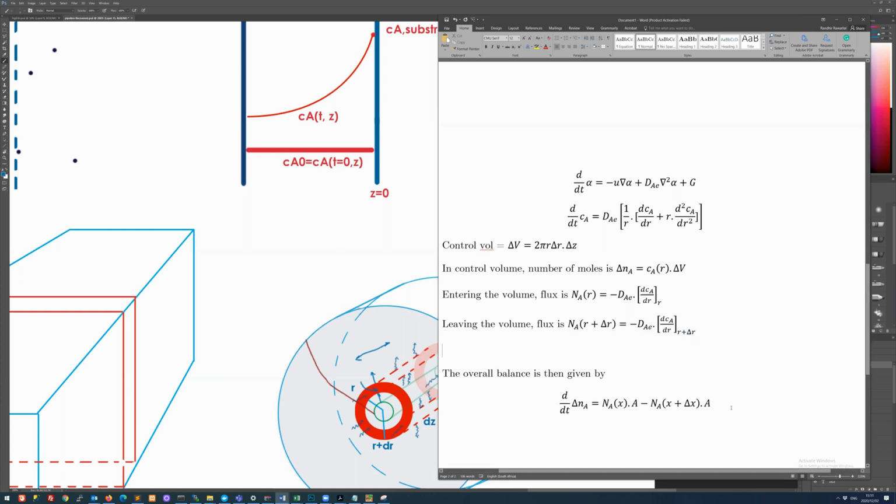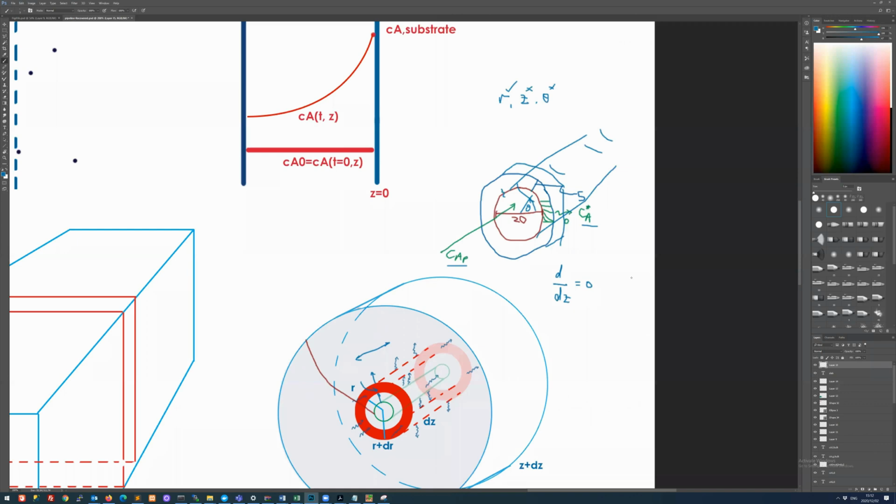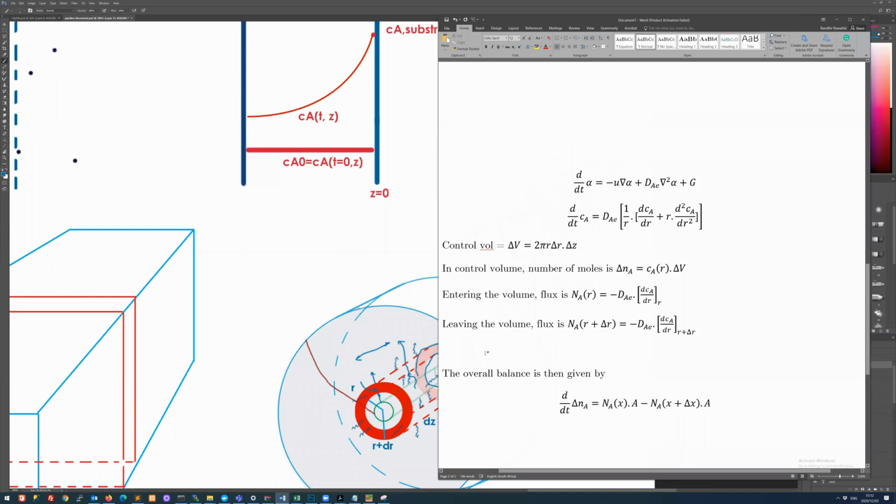And now there is a piece I would like to add here, which is about the areas. In the earlier case with the slab, it was very easy. We had the same area right the way through. But in this case, the area that you get on the inside is not the same as the area on the outside, because the radial position is different. If you look at this circumference and compare it with this one, the outer circumference is larger, so the area is going to be larger as well.